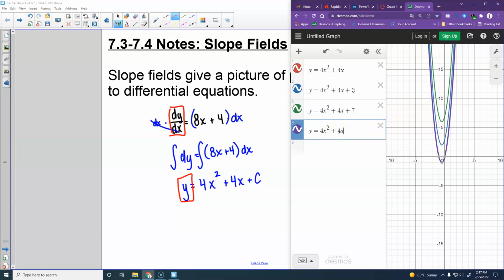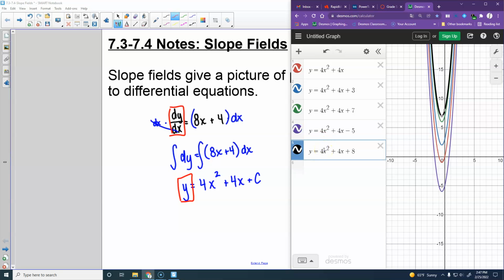Minus 5. All of these are what we would call solution curves. And you have an infinite number of these. There are an infinite number of solutions, because I could keep doing this forever. Minus 8 or plus 8. Let's do one with the minus 10. Eventually it would fill up the whole entire screen and continue on to infinity.